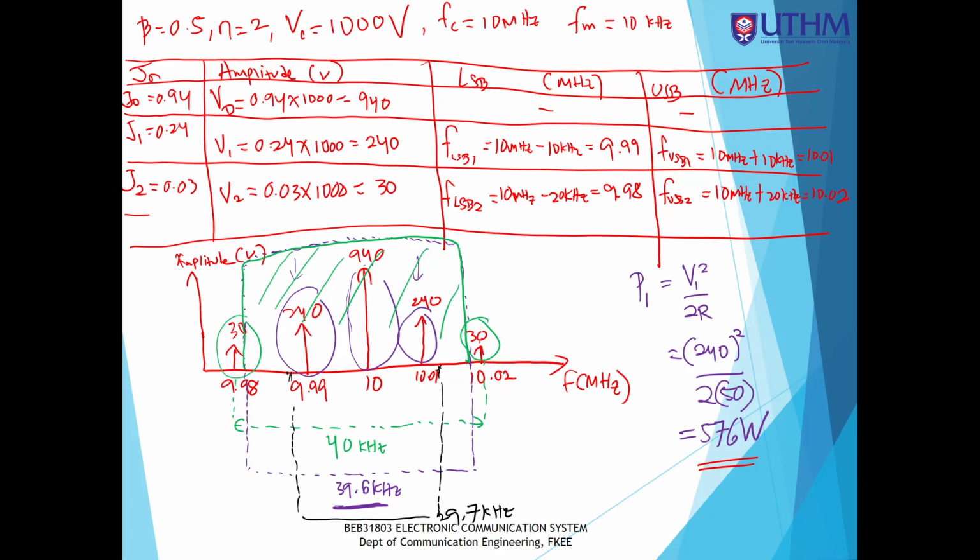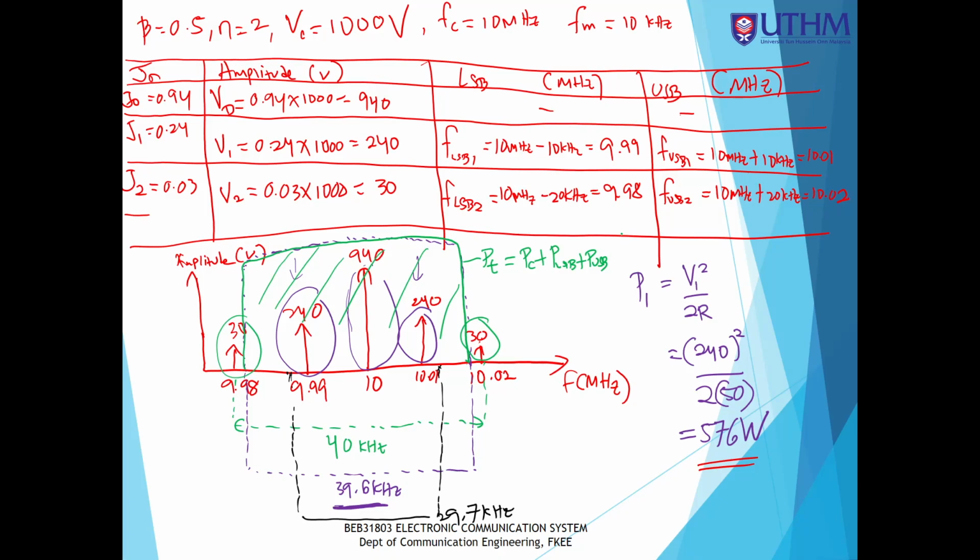That means the new total power after the filtering process will include three components, which is PC plus PLSB, the first sideband, plus PUSB. I just want to relate this with the previous question.